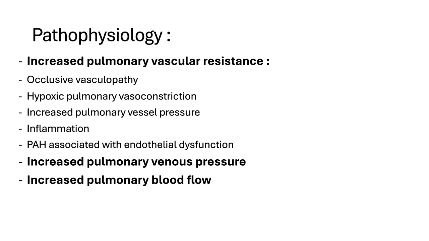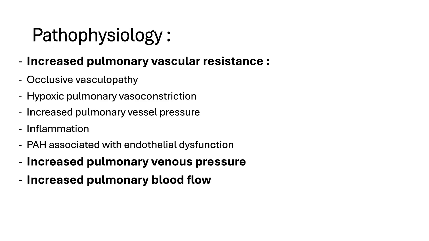Increased pulmonary vessel pressure can be, for example, due to right heart hypertrophy, leading to cor pulmonale, and we will talk more about this later. It can be due to inflammation following, for example, COPD, or pulmonary arterial hypertension associated with endothelial dysfunction.